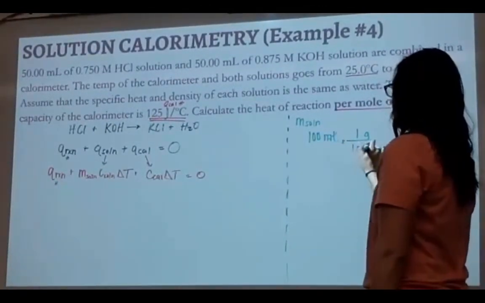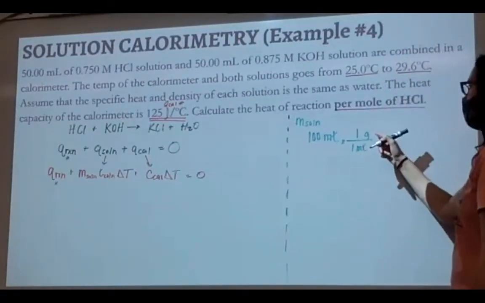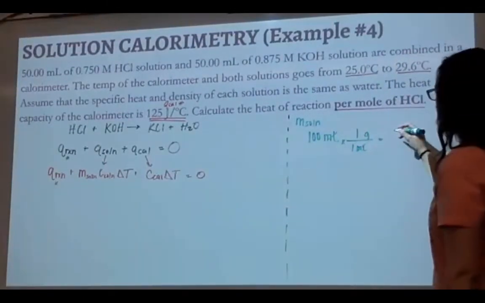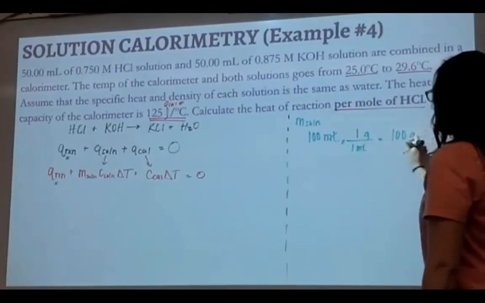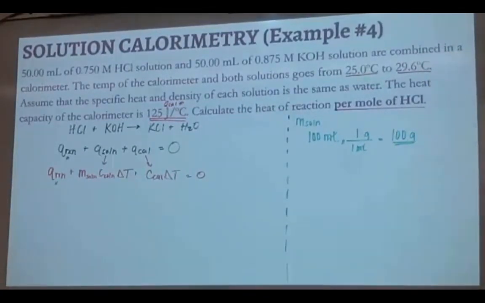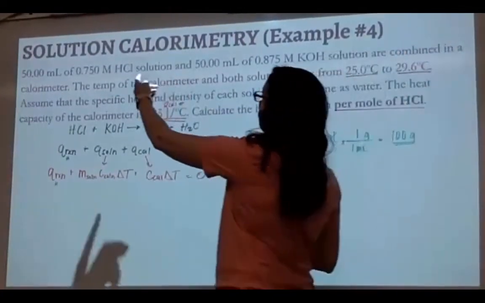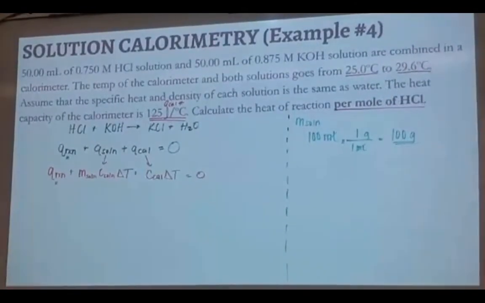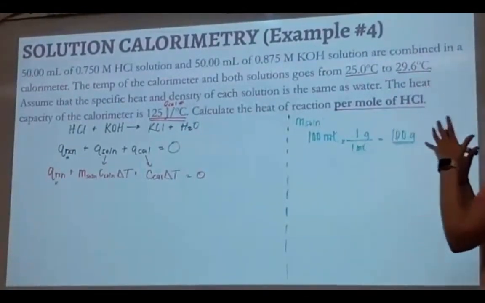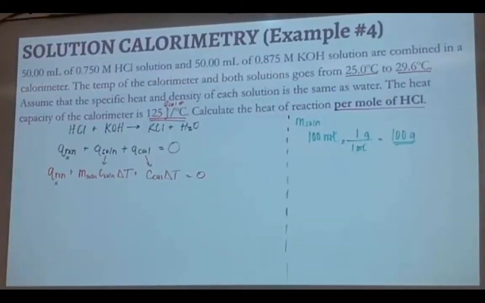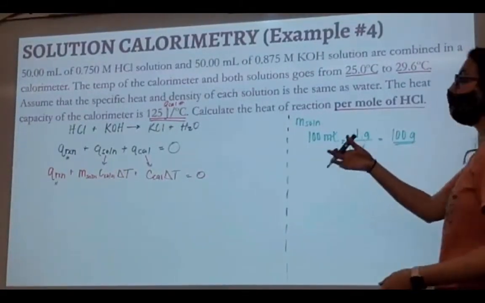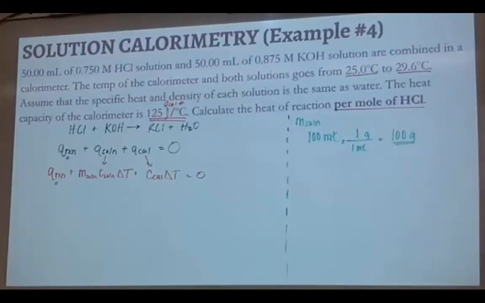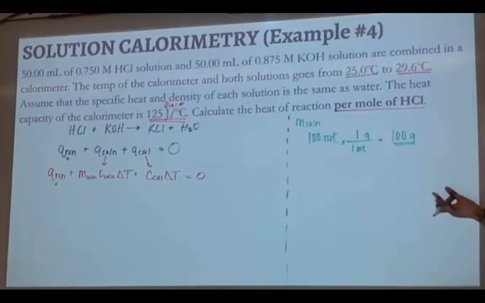If we have 100 milliliters, water's density is 1 gram per milliliter, so the mass of solution is 100 grams. If this were 60 milliliters and 50 milliliters, that's 110 milliliters, which would be 110 grams. You always have to take into account the mass of the entire solution. If it were a solid dissolving in water, you would add the mass of the solid to the mass of the water.